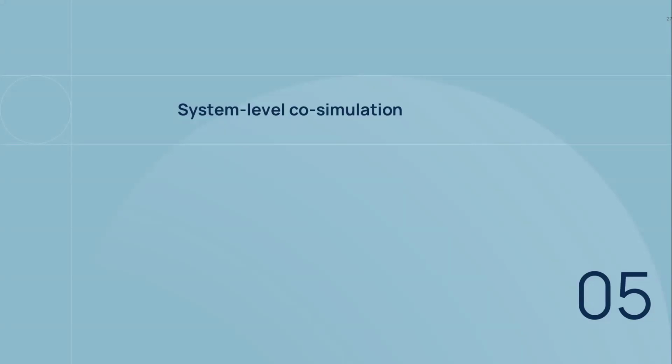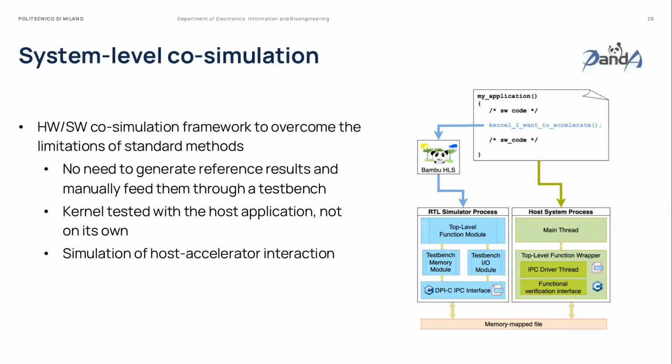The big one is co-simulation. One thing that we saw doing HLS all of these times and in many European projects was that the standard way of doing co-simulation to test the functionality of the accelerators we were generating was cumbersome. You would have to write a test bench, even maybe a C test bench, but still a dedicated function that would take inputs, feed them to the accelerator function, and then check them.